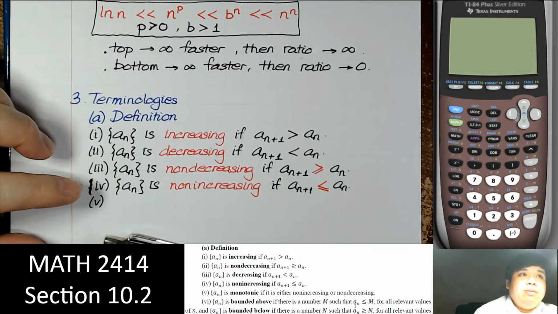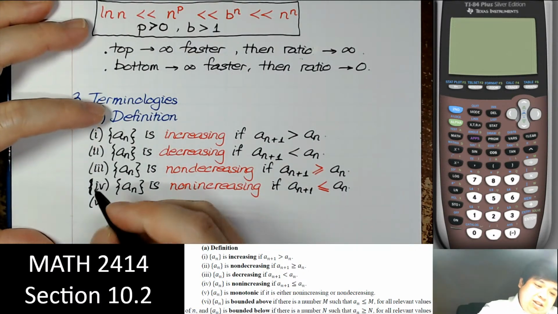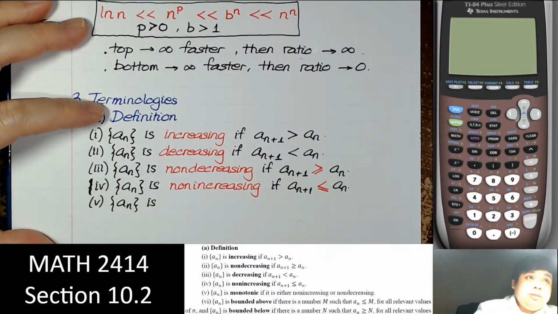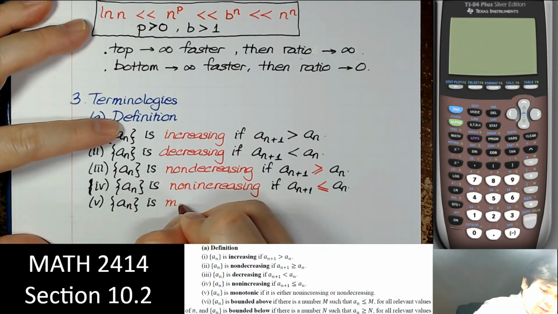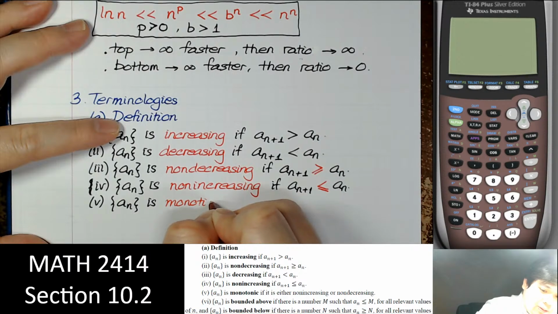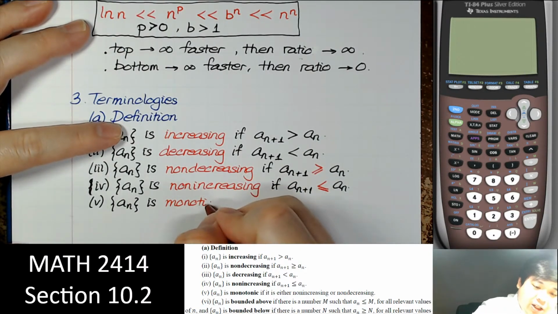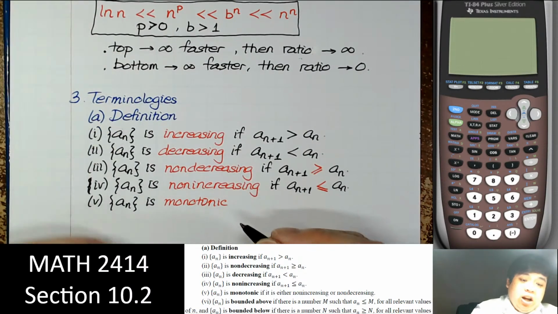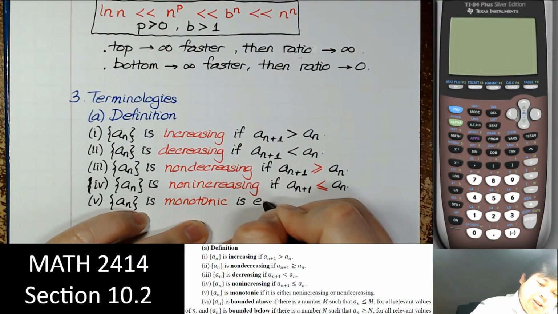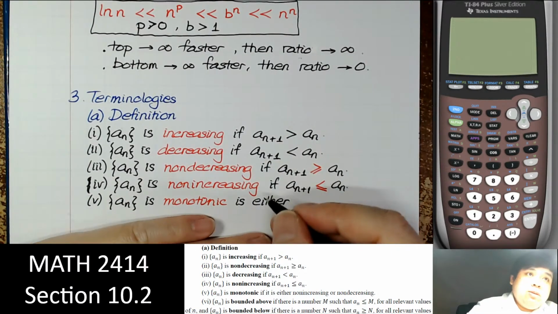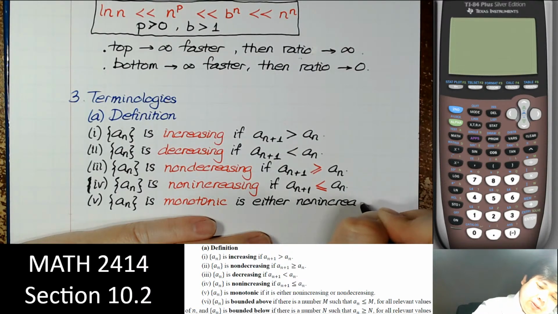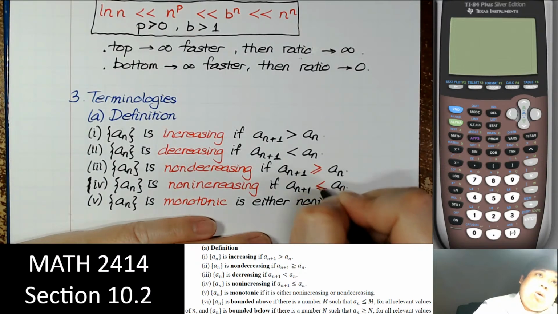Right. Monotonic. Monotonic is either non-increasing or non-decreasing. So either one of these.